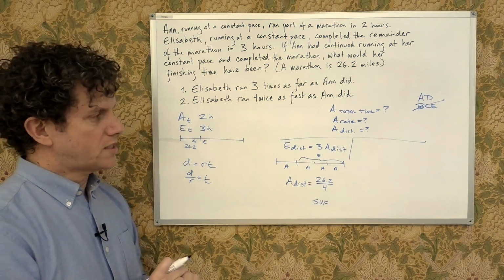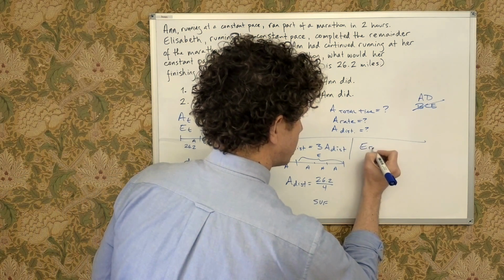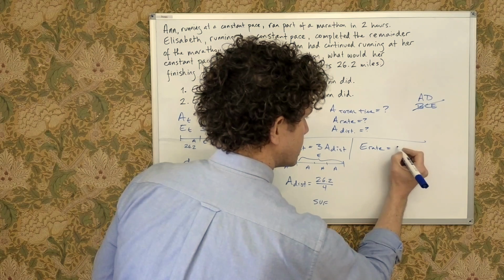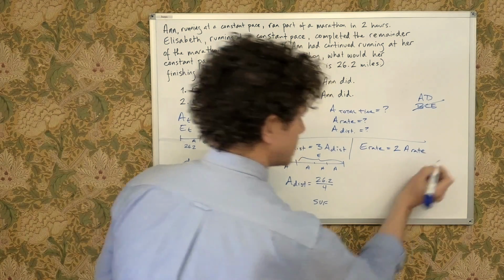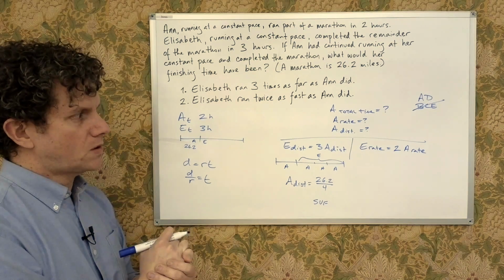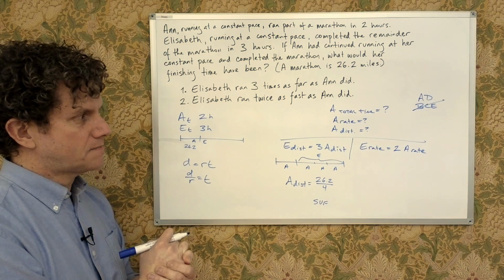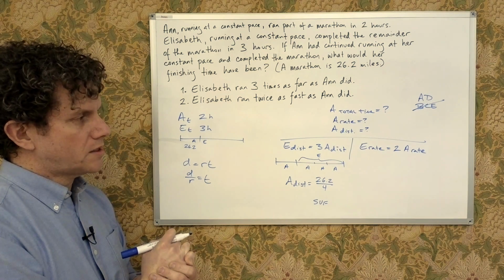Elizabeth ran twice as fast as Anne did. Elizabeth's rate is twice Anne's rate. This feels like we know a lot less. Are we ready to call it insufficient?